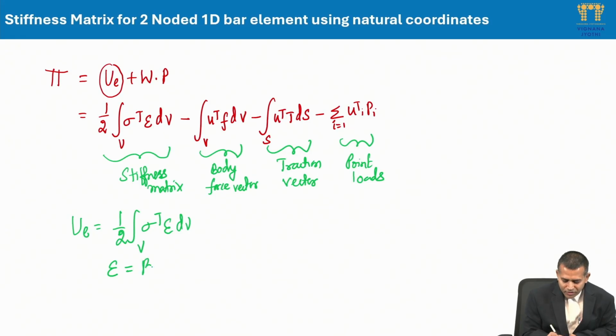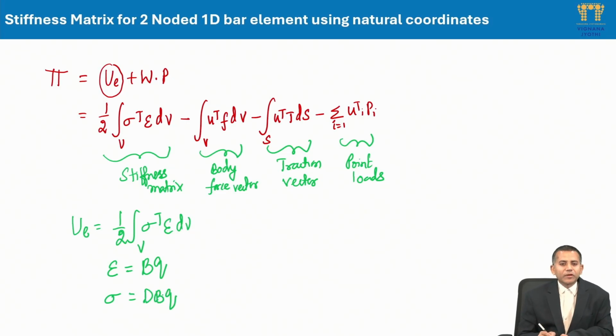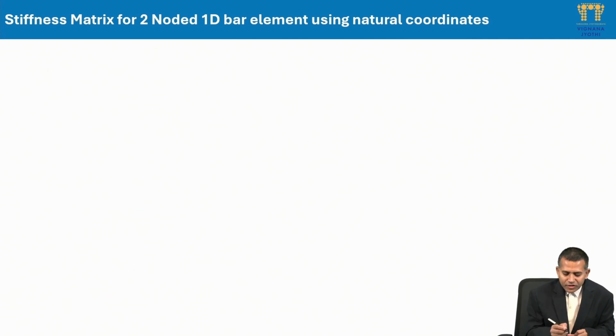Strain is nothing but B Q, and your stress is nothing but D B Q, where D is the material property matrix. If you are considering a one dimensional element, you can write that D as just Young's modulus, then we can write it as E B Q. So now once you have the values of B Q and E B Q, you can substitute both in the strain energy expression. We'll continue with that.